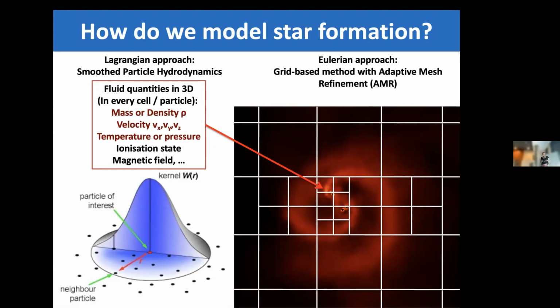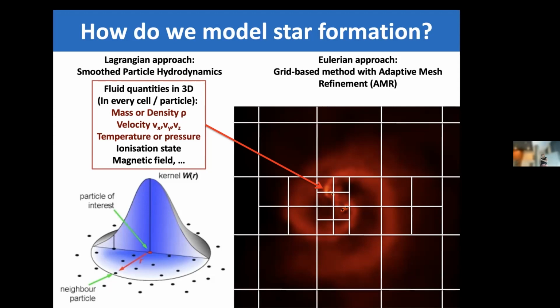I just want to point out that we have two different possibilities to describe our gaseous system. One method which has been used in the early star formation simulations is SPH. This is the Lagrangian approach where you split up your gas into particles which have typically equal mass.